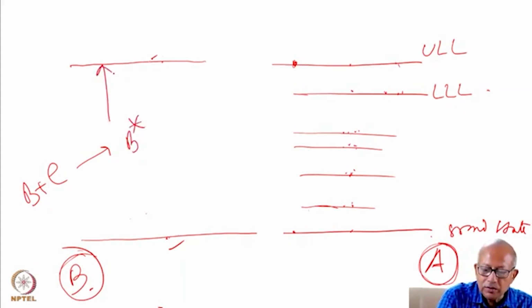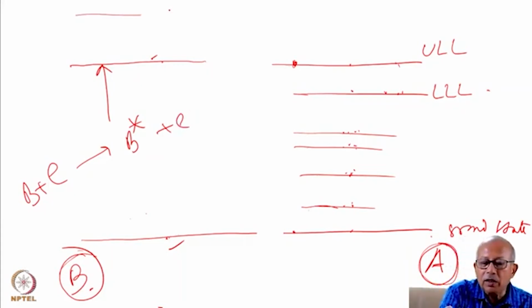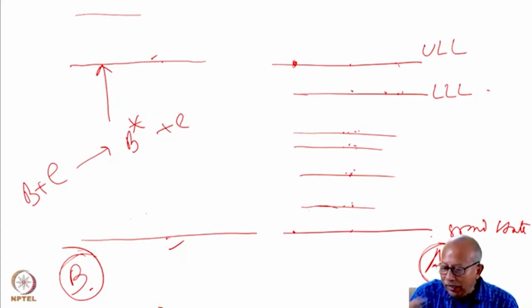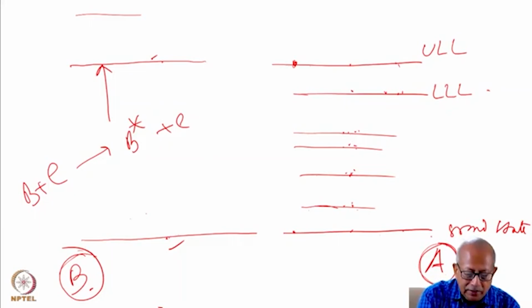Of course, some energy levels above it would also be populated, but not to a great extent. A will continue to have its own kind of collisions and transfer of population from the ground state to different states. But the net effect will be that you create a number of B atoms in this excited state.